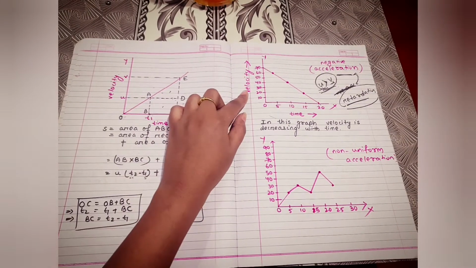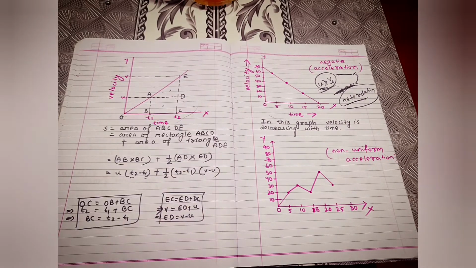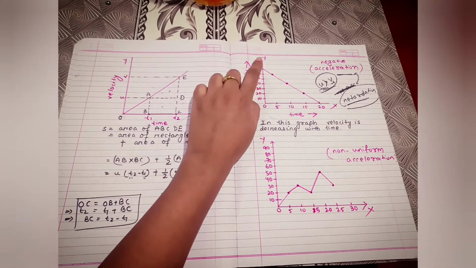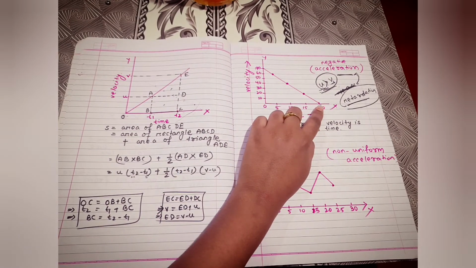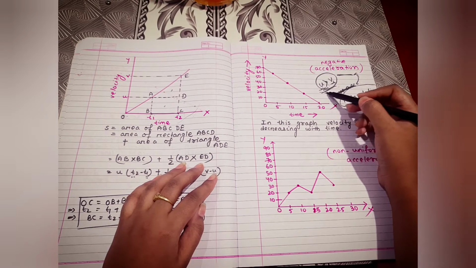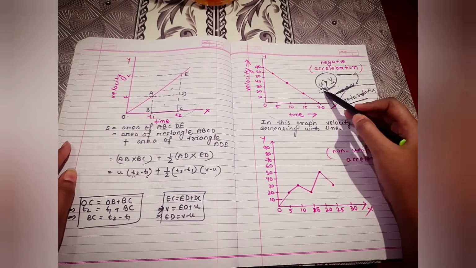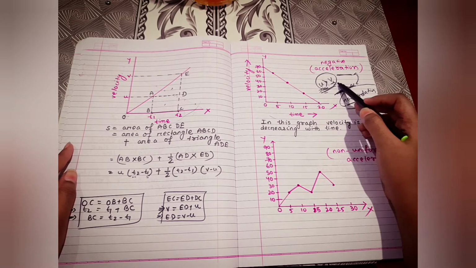Here, two more types of velocity time graph are given. In the first graph, as you can see, initially the velocity is high and then in the final stage the velocity is low. That is, u is greater than v. As we have already studied, when u is greater than v, that means the initial velocity is greater than the final velocity.